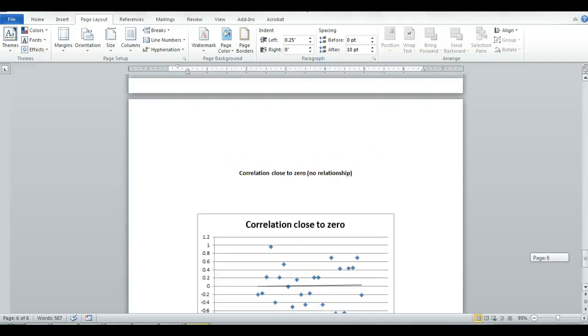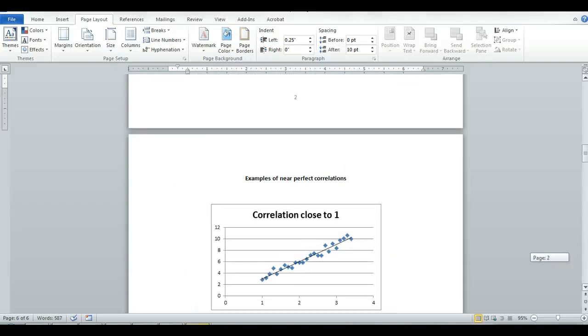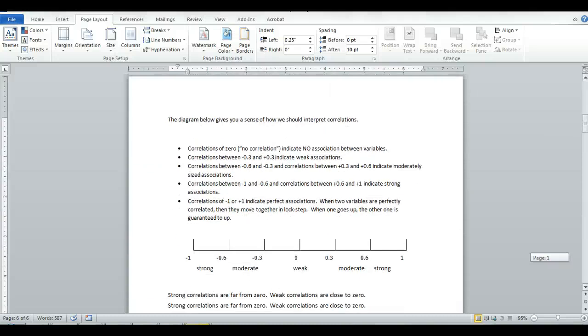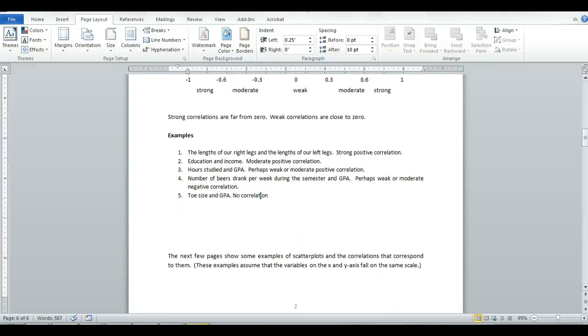That reminds me of another way you can think about correlations and associations: when two variables are correlated, that means you can predict one from the other. So if we know someone's education, we can better predict their income. If we know the length of their left leg, we can better predict the length of their right leg. How strong the correlation is tells you how good our prediction is likely to be.